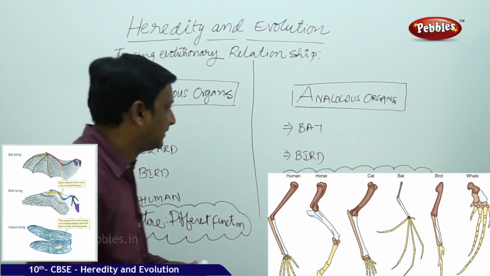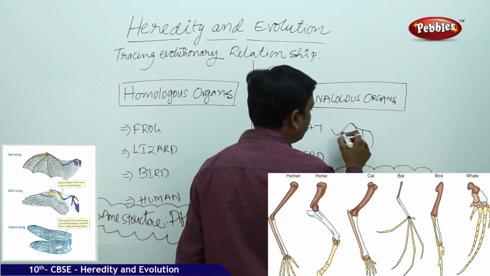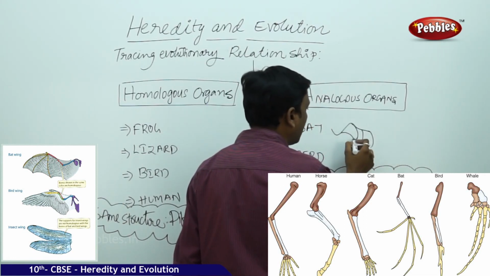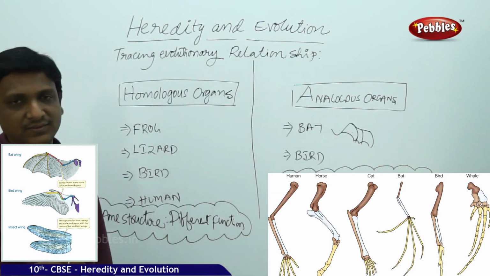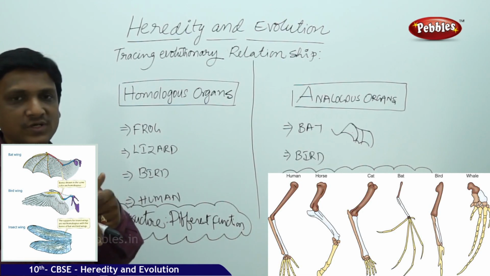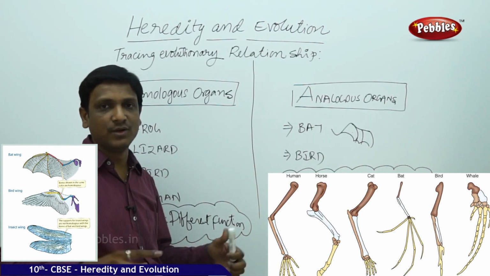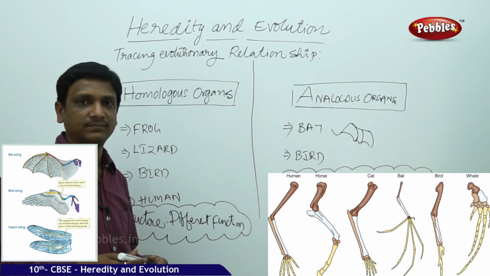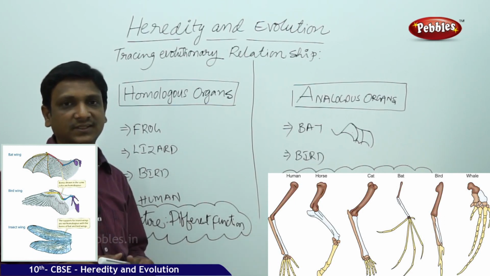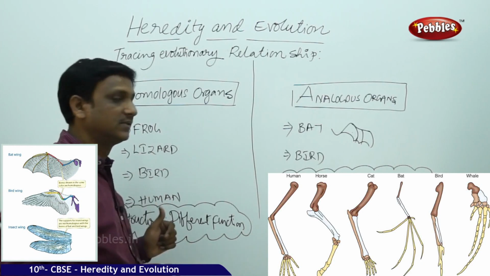But the wing of the bat is made up of skin between its digits. So between the fingers, there is a fold of skin. This makes the wing of the bat. Functionally they are similar, but internally the structure is different. Outside, they may appear more similar.